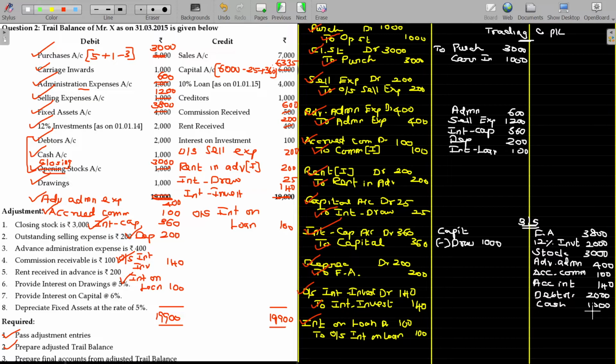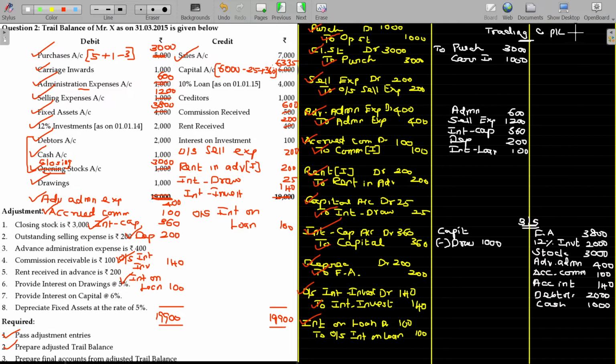The debit side items of the trial balance will be transferred to the debit side of the trading or P&L account or the asset side. You should not have any more confusion. If you are posting the other way, it should be a subtraction only. For example, drawings should be on the debit side, posted only on the asset side. But instead of posting the value on the asset side, I am subtracting from the capital on the liability side. That is also accepted.